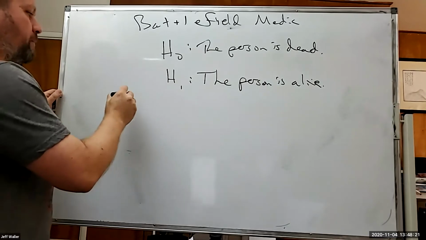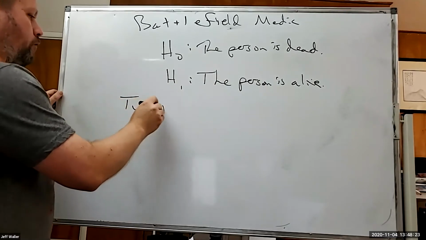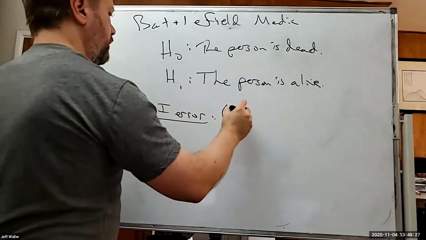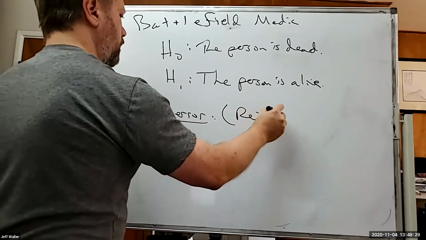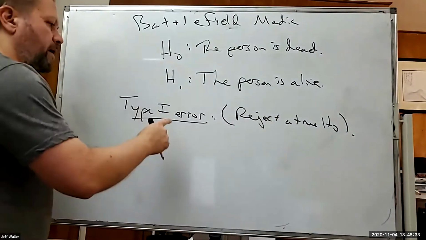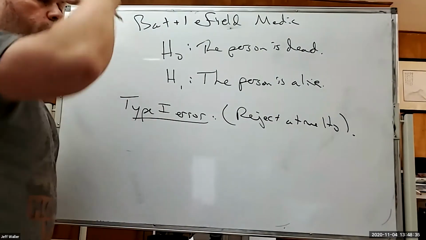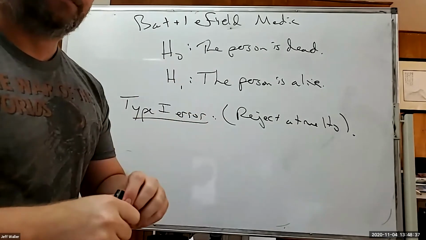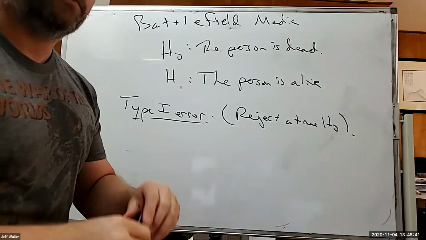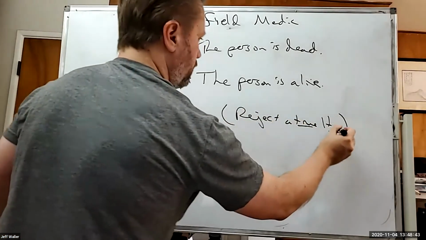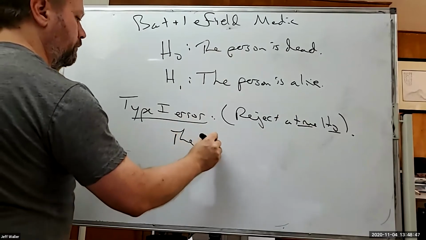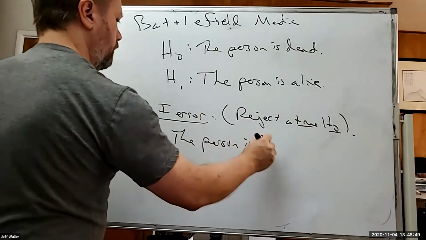So what if I make a type 1 error? To remind you guys, that is to reject a true null. So if I make a type 1 error, what is true? What's actually true? The person's dead. The person is dead because this is a true null. So if I make a type 1 error, the person is dead, but I think what? You think they're alive.